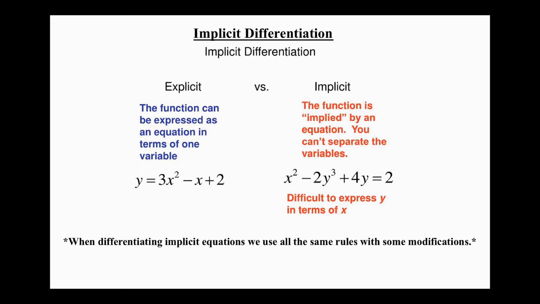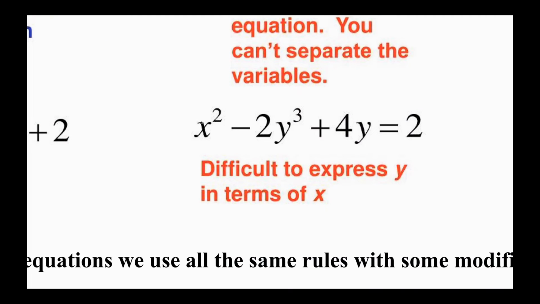Could I solve this equation for y? Why not? Not because I'm missing x. How can you isolate something when there's two of them?